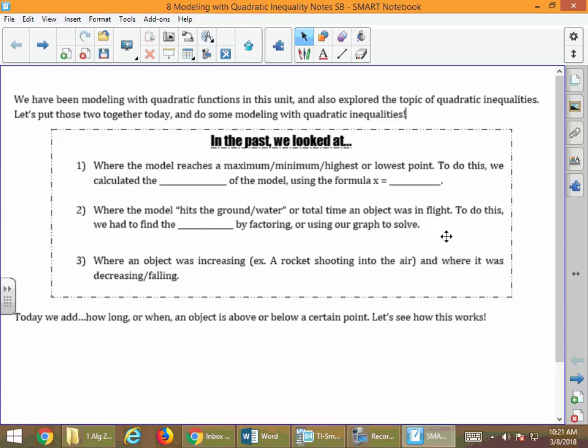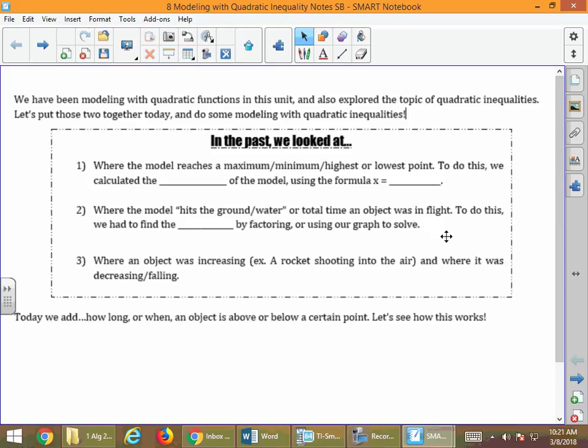What we're going to do is take our whole unit pretty much and put it together. We started off with just the modeling, and then we went into the quadratic inequalities, and now we're going to put those two ideas together.